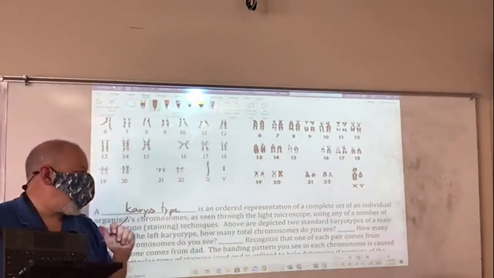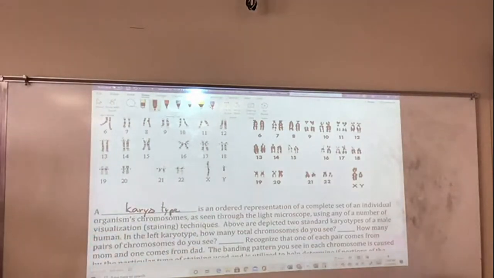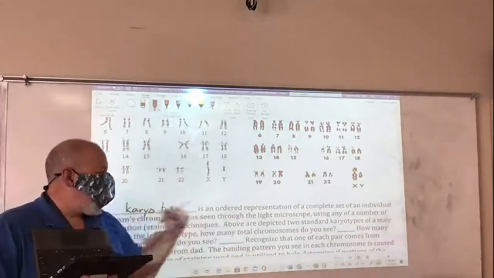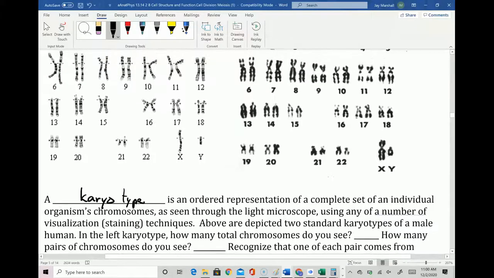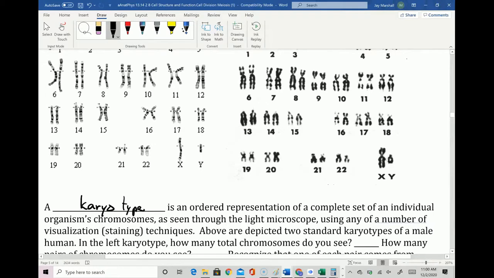A karyotype is an ordered representation of a complete set of an individual organism's chromosomes as seen through the light microscope using any of a number of staining techniques. Above are depicted 2 standard karyotypes of a male human.